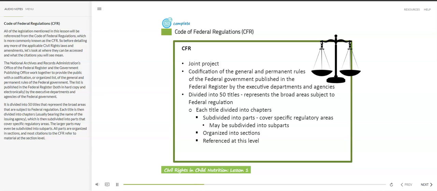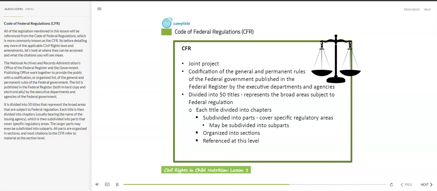The National Archives and Records Administration's Office of the Federal Register and the Government Publishing Office work together to provide the public with a codification, or organized list, of the general and permanent rules of the federal government. The list is published in the Federal Register, both in hard copy and electronically, by the executive departments and agencies of the federal government.